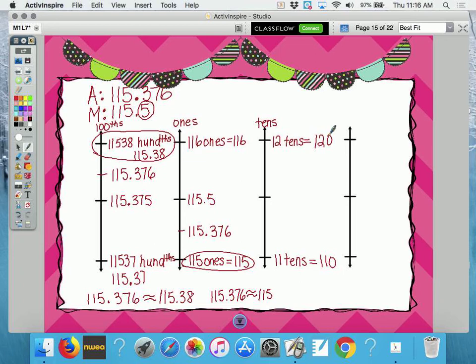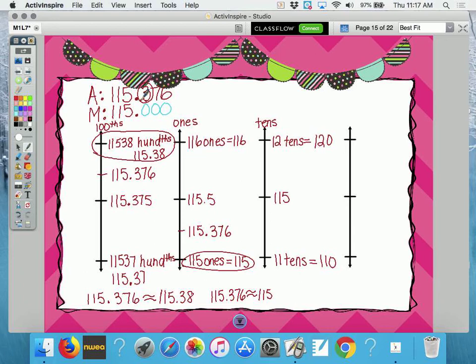So what's the midpoint? 115 is the midpoint. Okay, so how am I going to compare on this? We could think of this with zeros. Okay, so which one's larger, the actual or the midpoint? The actual.